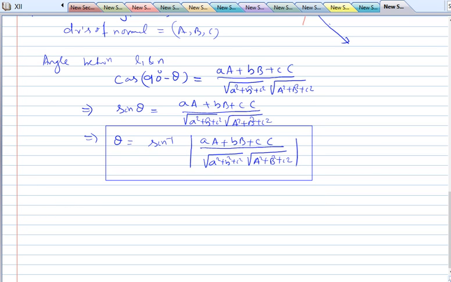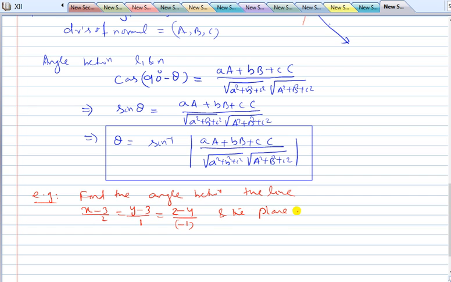For example, I am just taking a question: find the angle between the line x minus 3 by 2 equals y minus 3 by 1 equals z minus 4 by minus 1, and the plane x plus y plus z minus 2 equals 0.